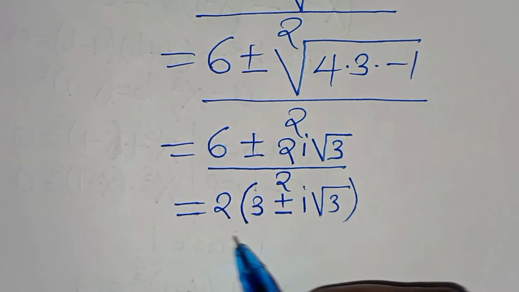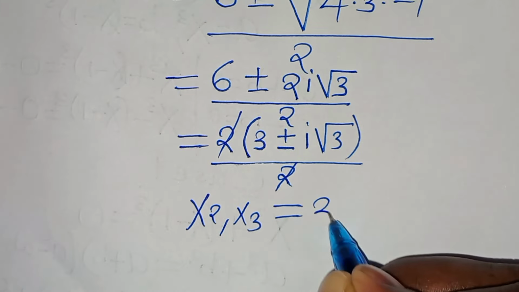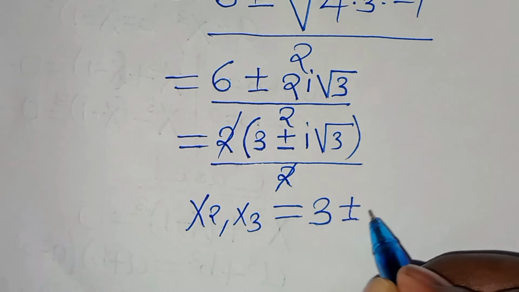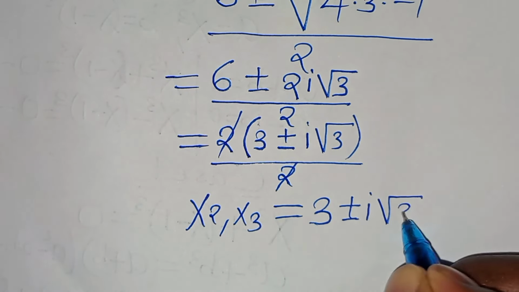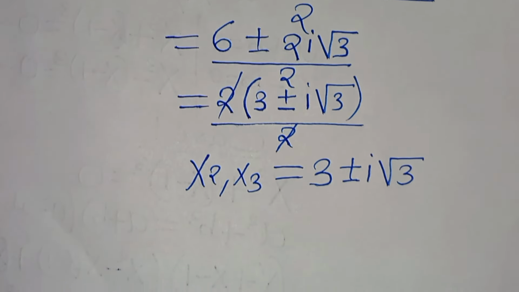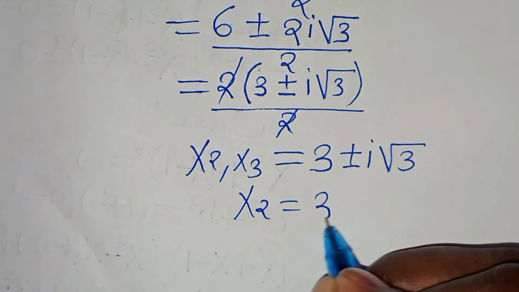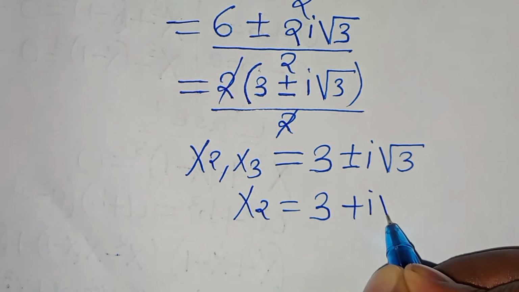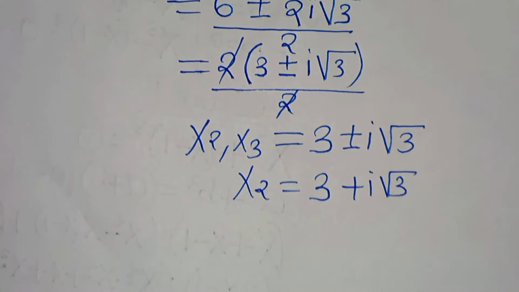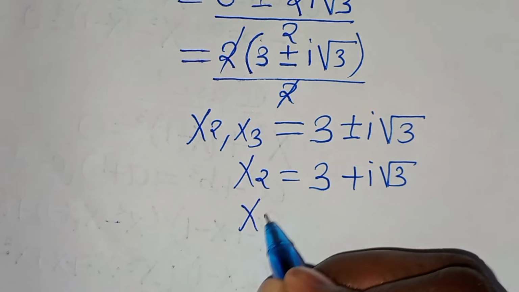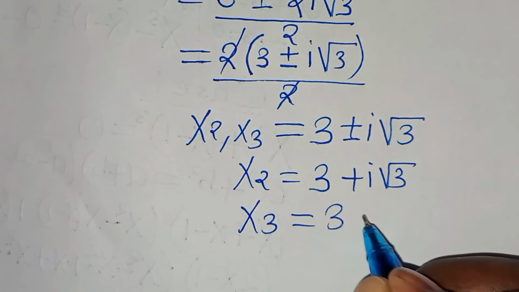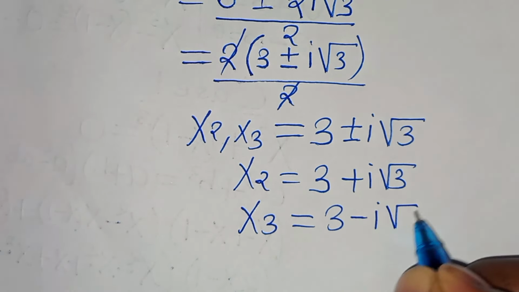So let's simplify 2 and 2 so that now we have x2, x3 equal to 3 plus or minus i square root of 3. So this means x2 is equal to 3 + i√3, and x3 is equal to 3 - i√3.